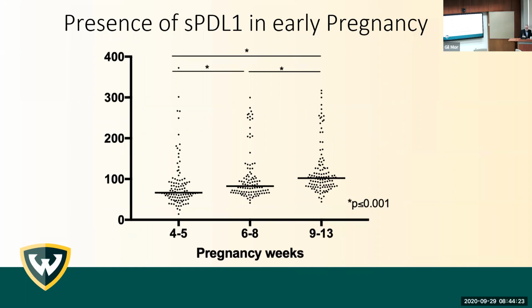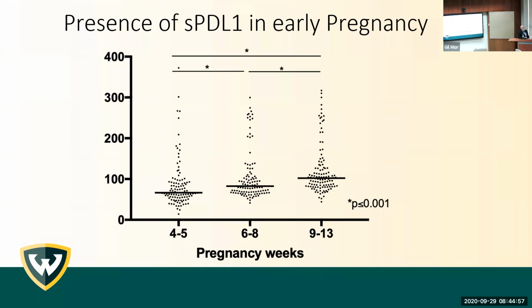And as I mentioned to you before, since the placenta seems to be producing early soluble PD-L1, we went and looked in the blood of the mother in the very early stages of the pregnancy, when the trophoblasts start invading the decidua, in the process of the formation of the placenta, the placentation.